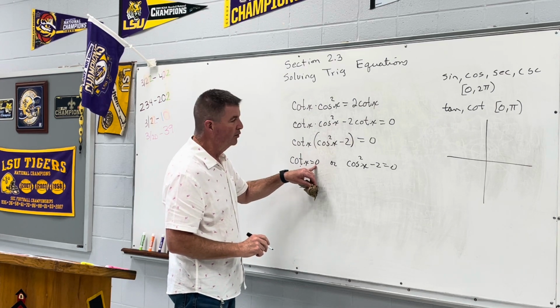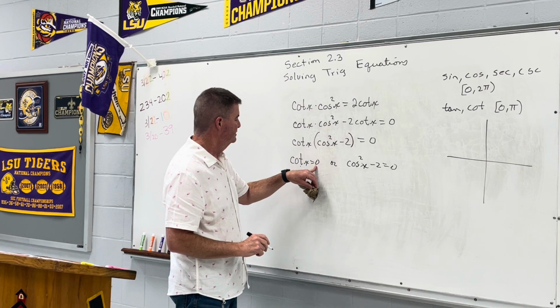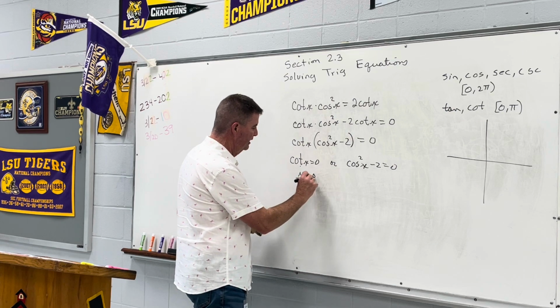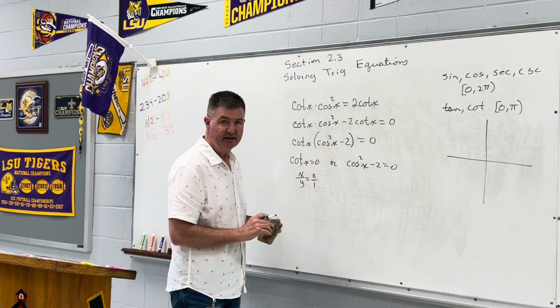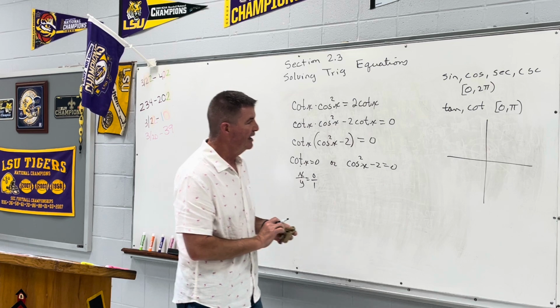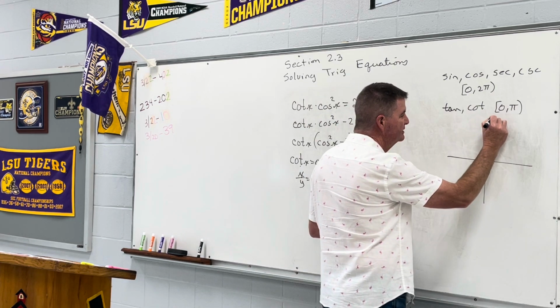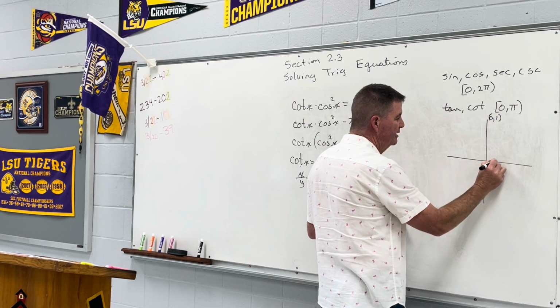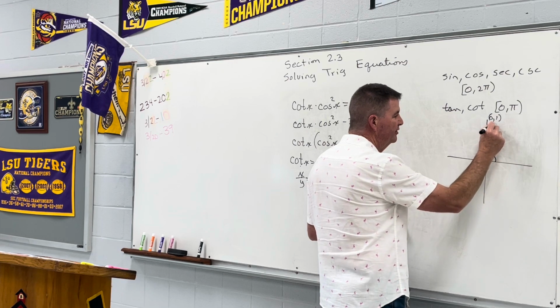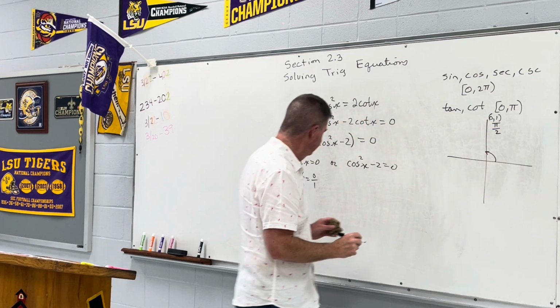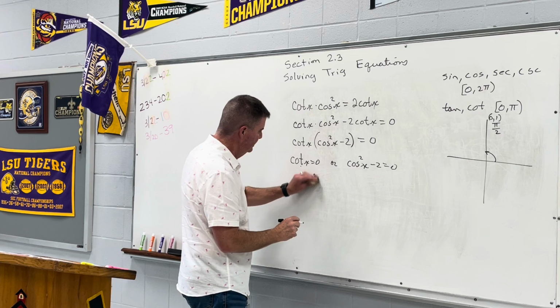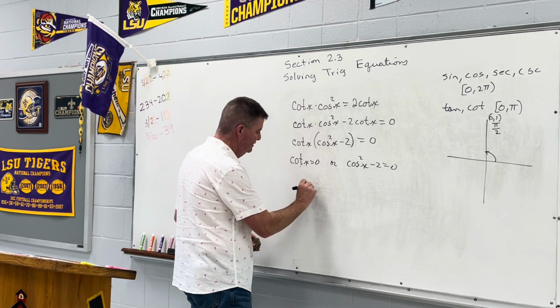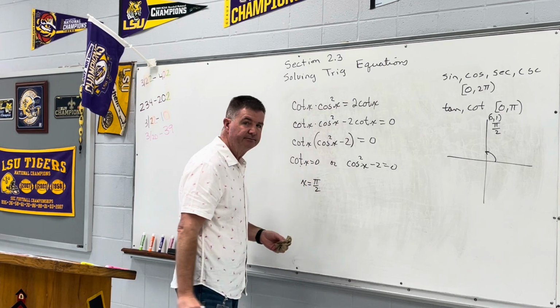Where does x over y equal 0? Well, it's 0 where x is 0 and y is 1. That would give me 0. So therefore, that happens here. When x is 0, y is 1, that gives me 0. So therefore, this is pi over 2. So for cotangent x equals 0, x is pi over 2.